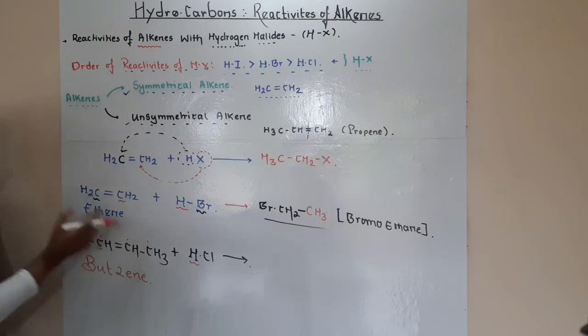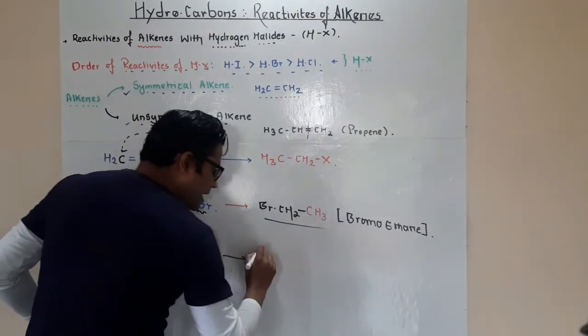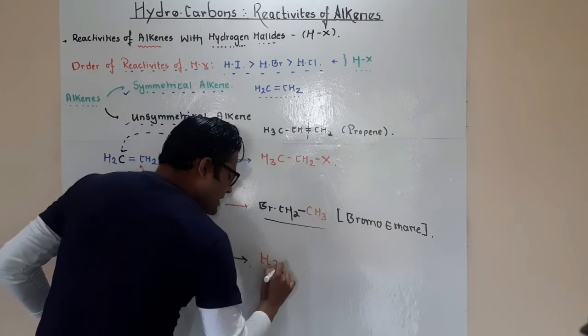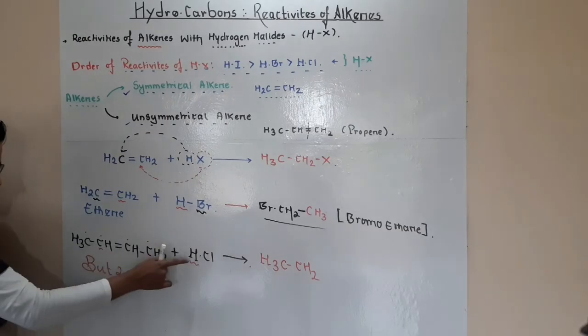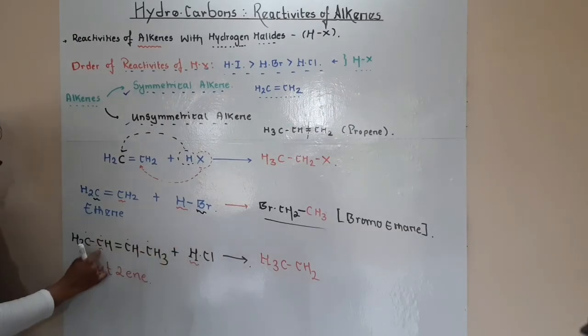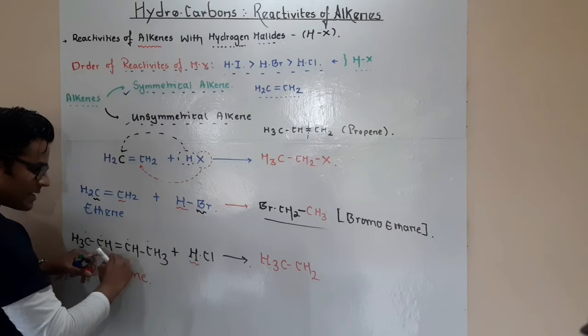Now let's say this hydrogen is added to a carbon of the carbon-carbon double bond. So CH3, CH2, this hydrogen has come over here, so this carbon now has two hydrogens.